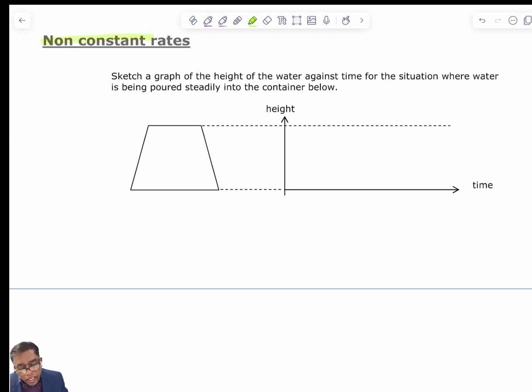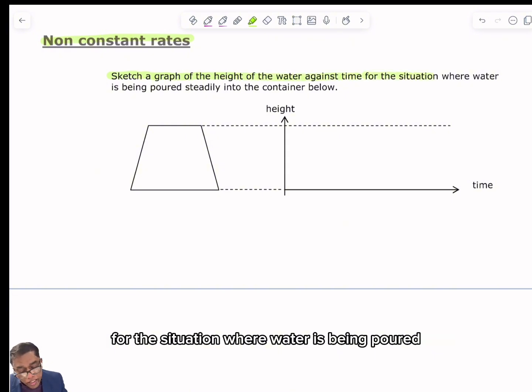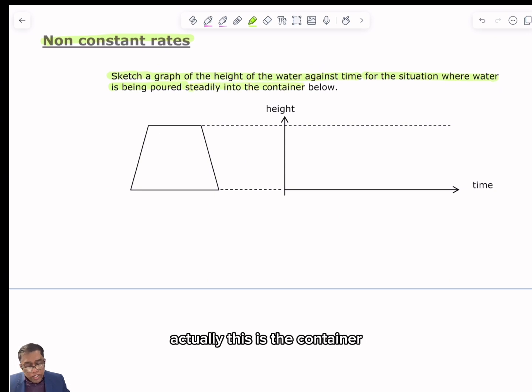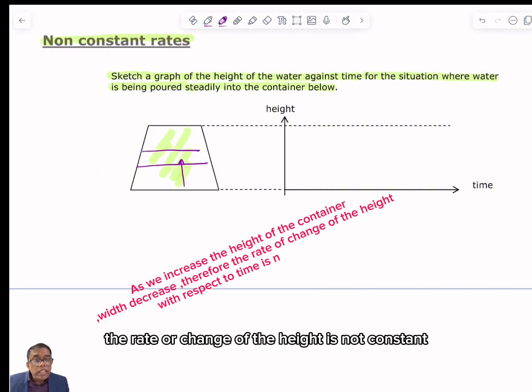Non-constant rates. Sketch a graph of the height of the water against the time for the situation where water is being poured steadily into the container below. Actually, this is the container. As we increase the height of the container, the width decreases. That means the rate of change of the height is not constant.